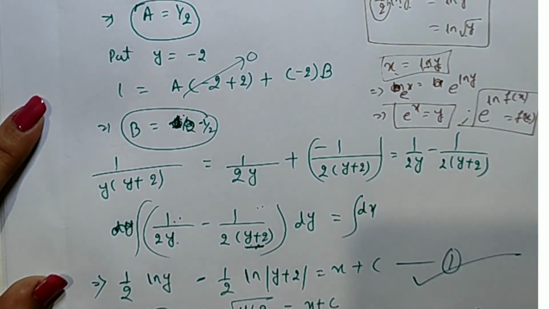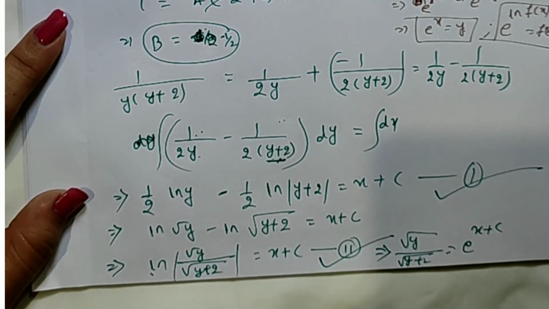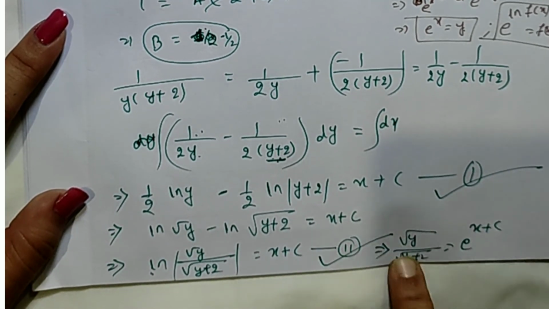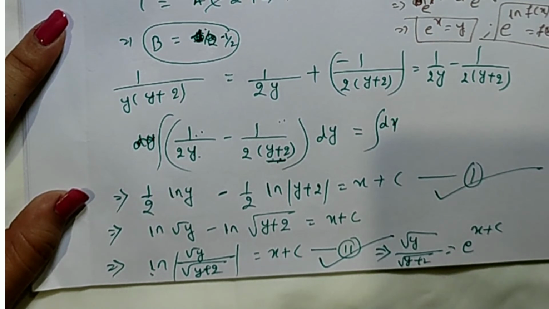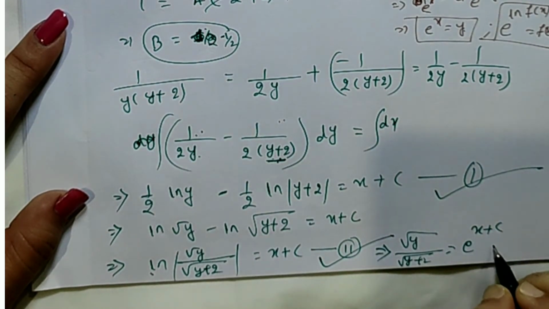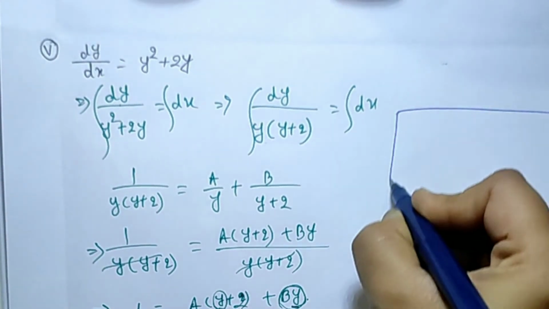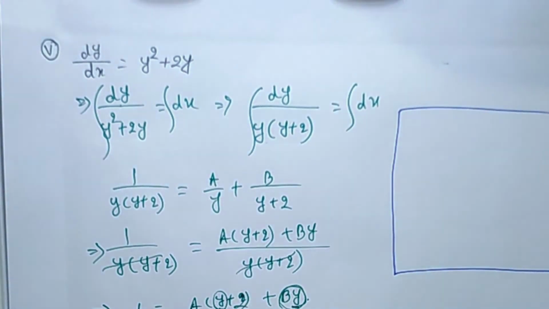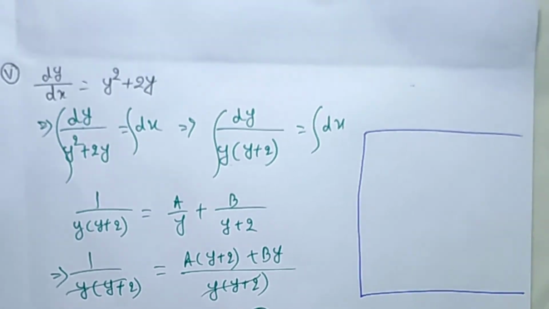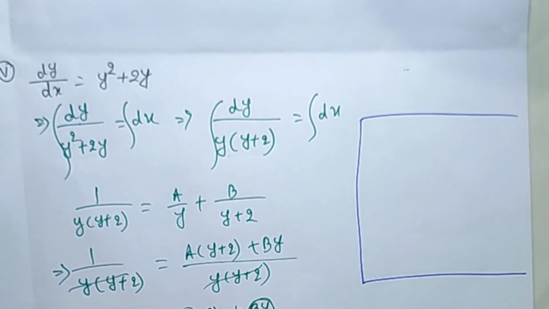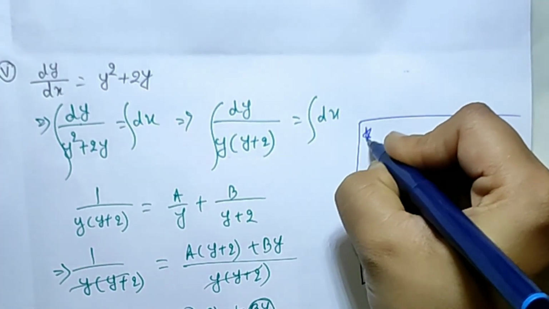Okay. Now someone is saying, let's solve this term one more step. That also we have. How can we do? See, I can write here, this can be written here.